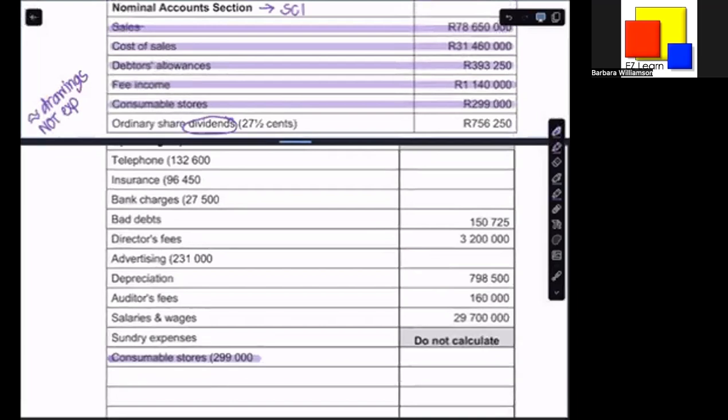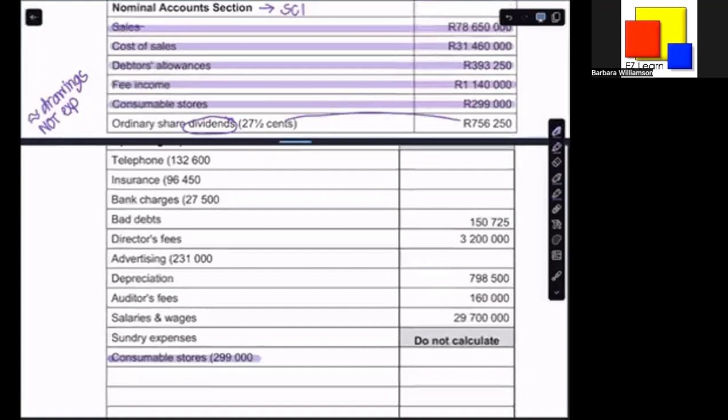It does tell us that it's 27.5 cents per share, which means I can use these two figures to quickly work out how many shares were there at that point in time.